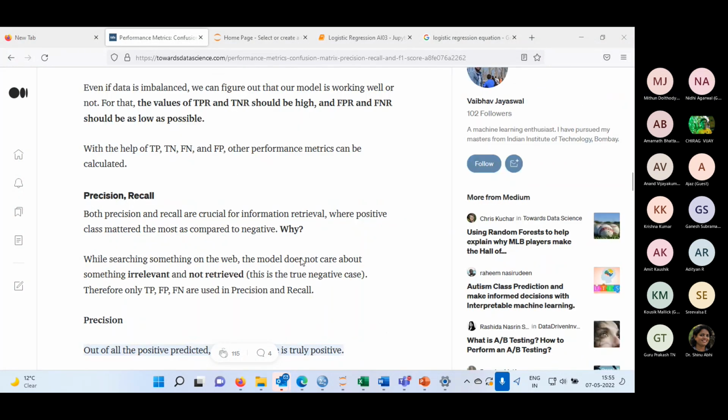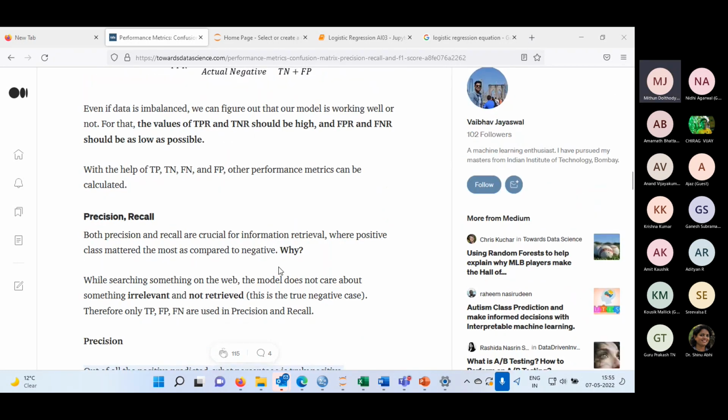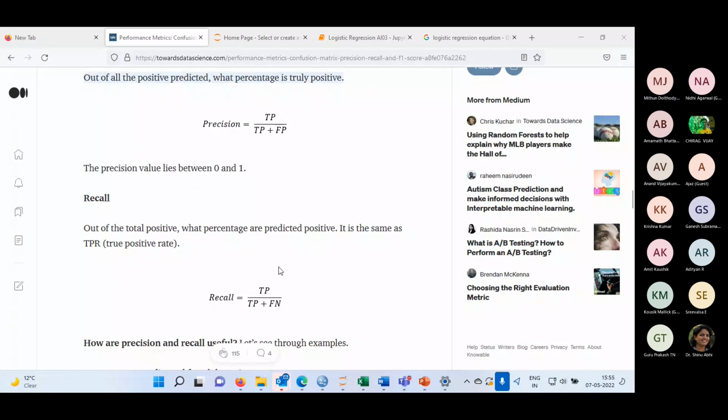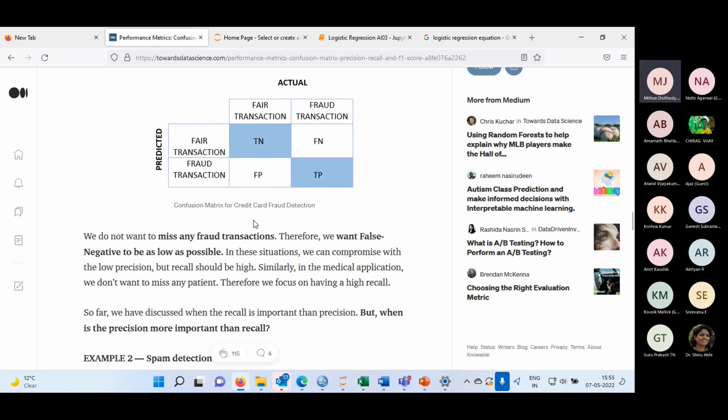Yeah. So as a general rule of thumb, if you're doing credit card fraud detection, or if you're in the healthcare sector, for any of these two things, look at this.